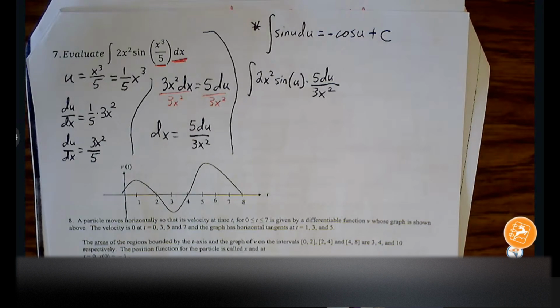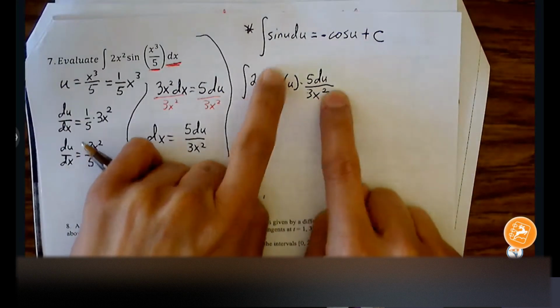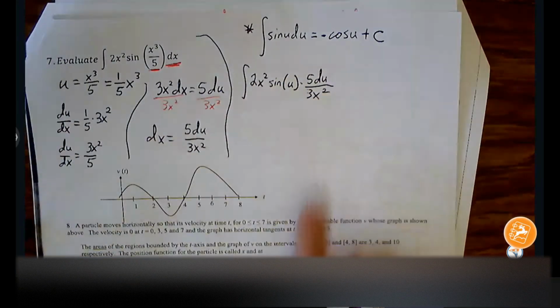Okay, so if we do u substitution, we can't have any x's left over, right? So do you see the x's going away in this problem? Yes. Yeah, x squared in the numerator, x squared in the denominator, so that's clean, right? We know we can move forward.